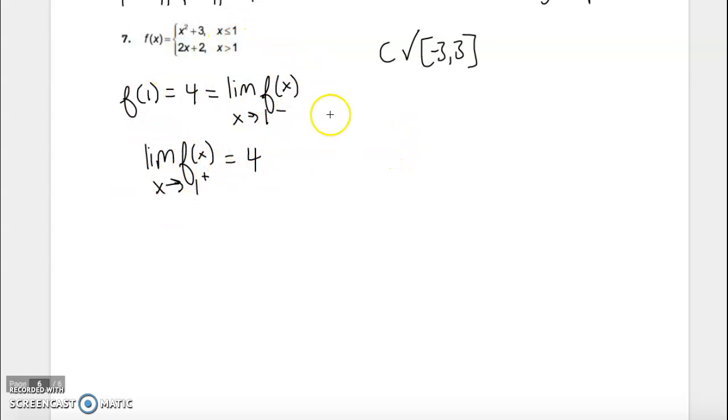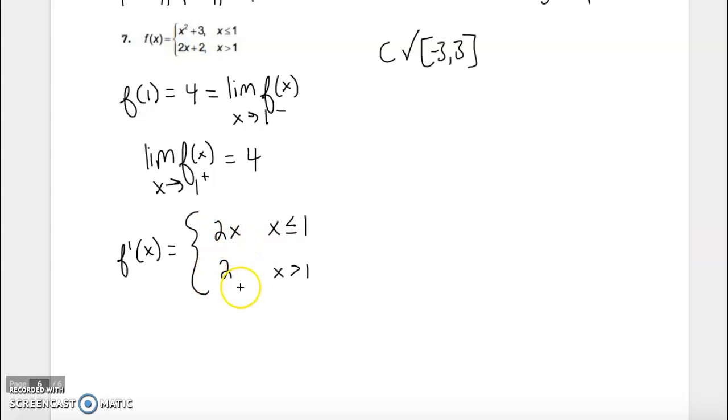Now we're going to check the differentiability. So I'm going to find f prime of x, and I'll get 2x, and I'll get 2. And so then we basically have to check the same thing and see if it's continuous and differentiable. I know this is continuous everywhere because it's a linear function. This would be continuous everywhere because it's a constant, but I have to check and see if at 1 they would match up.